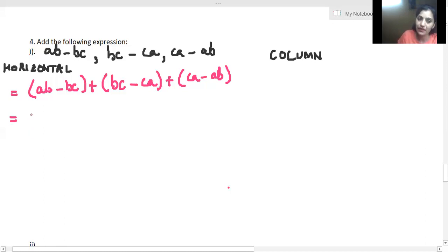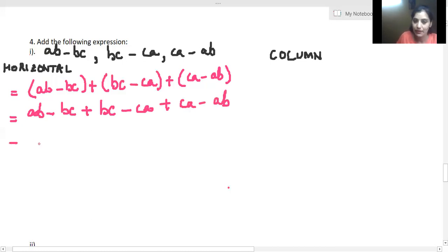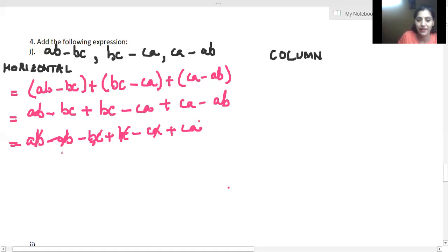So simply open up the brackets and write down the terms as it is. Now look for the like terms. Yes, AB minus AB, right? Minus BC plus BC, right? Minus CA plus CA. Don't you think it will get cancelled out? Yes, so my answer is coming out to be 0, right?